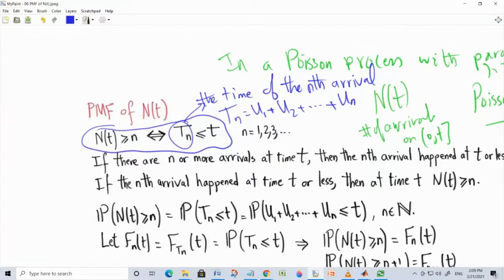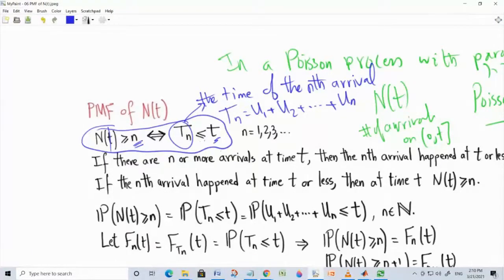So if at time t the number of arrivals is greater than or equal to n, it must be the case that the time of the nth arrival is less than or equal to t. Again, if you measure the number of arrivals at time t and you find that it is greater than or equal to small n, it must be the case that the nth arrival has occurred at a time that is less than or equal to t.